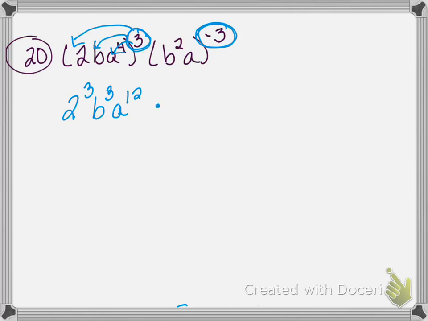Then this -3 belongs to the b to the 2nd, and it belongs to the a. So we're going to have b to the -6th, because a power to a power we multiply, and a to the -3rd. So the first thing you've got to do is make sure that the power outside the parentheses is given to everything inside those parentheses.